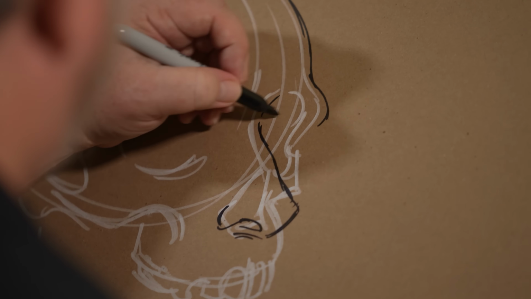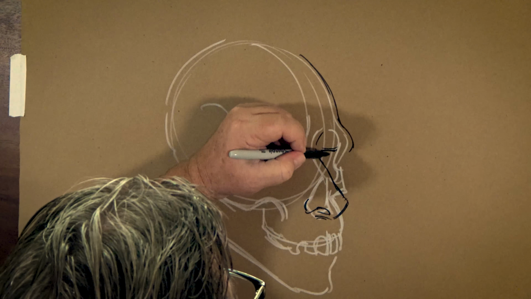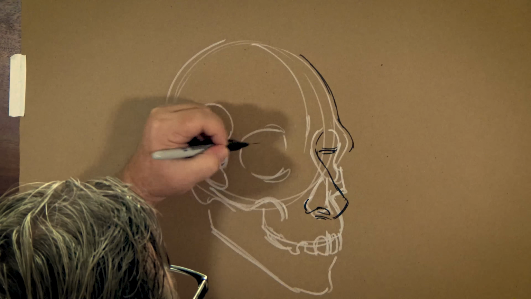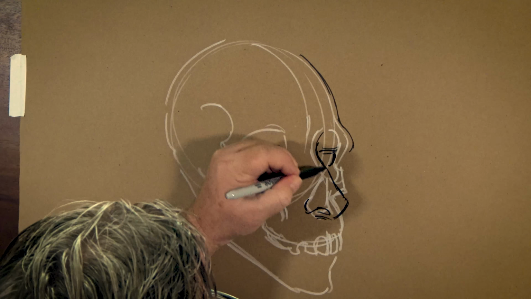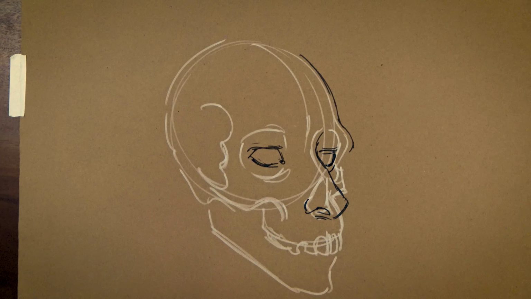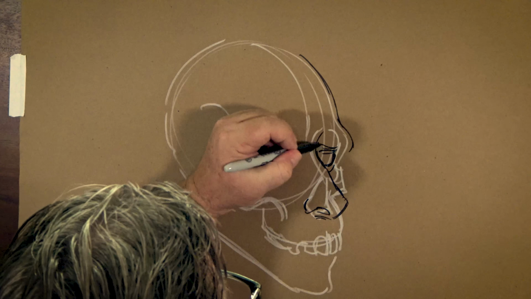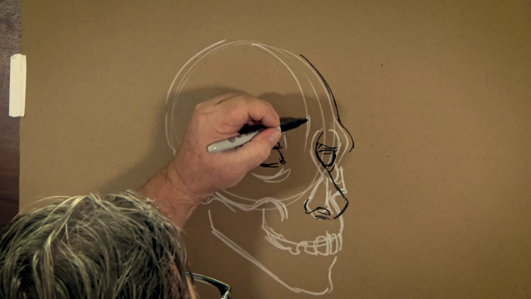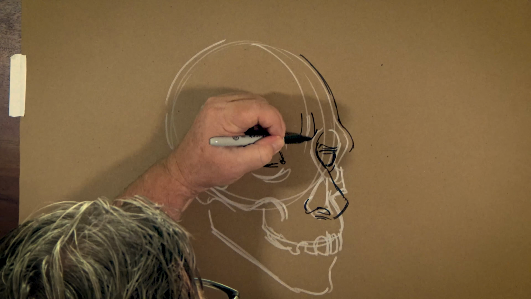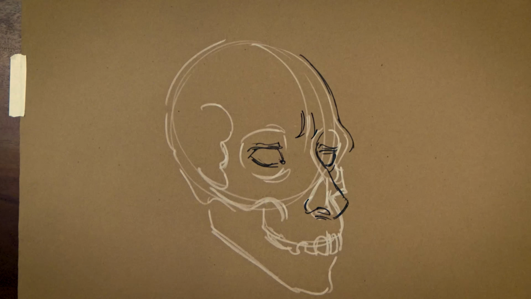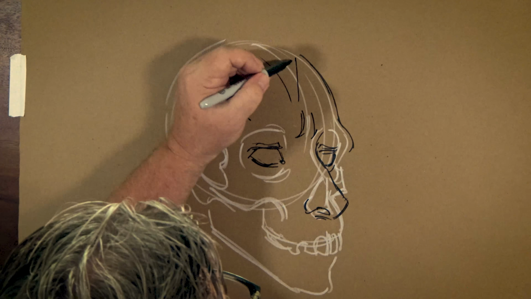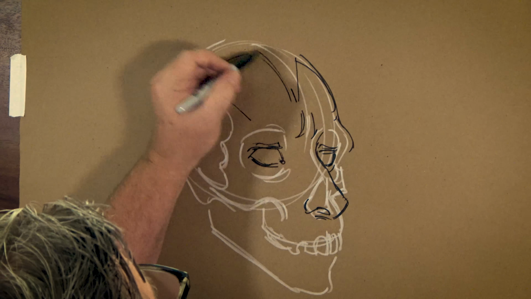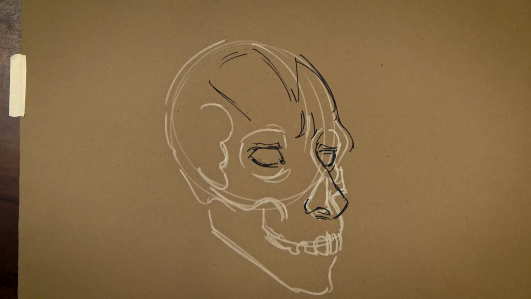Now, once again, remember, the eye sits inside that socket, inside the skull. And so it's going to sit behind the bridge of the nose. Think of it wrapping around. And we tend to have a muscle right here. We have two muscles that come up this way and this way. Frontalis.